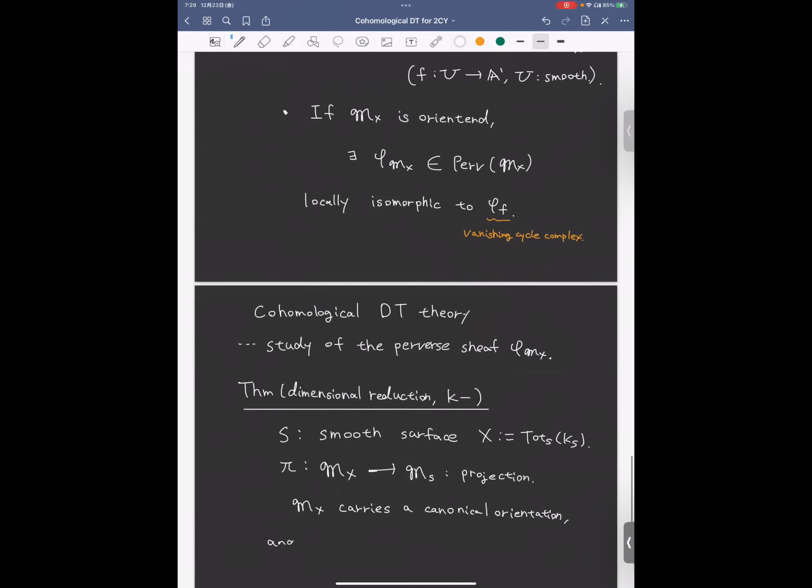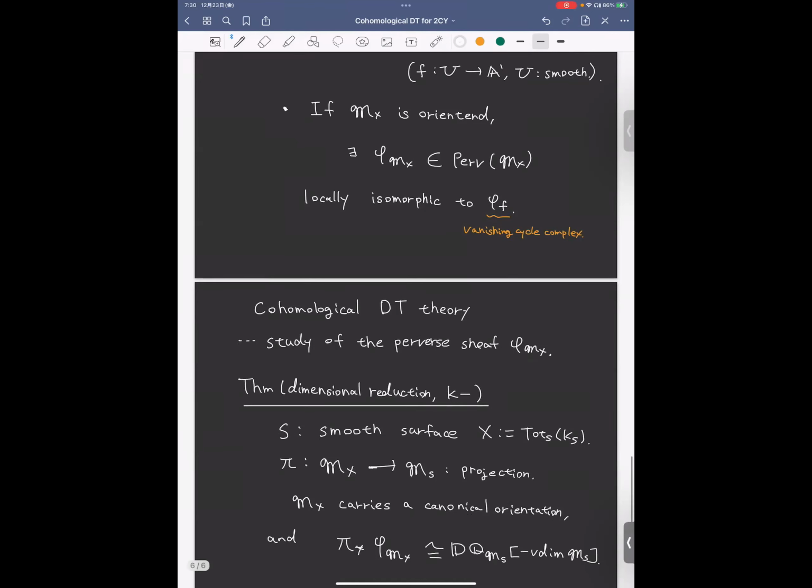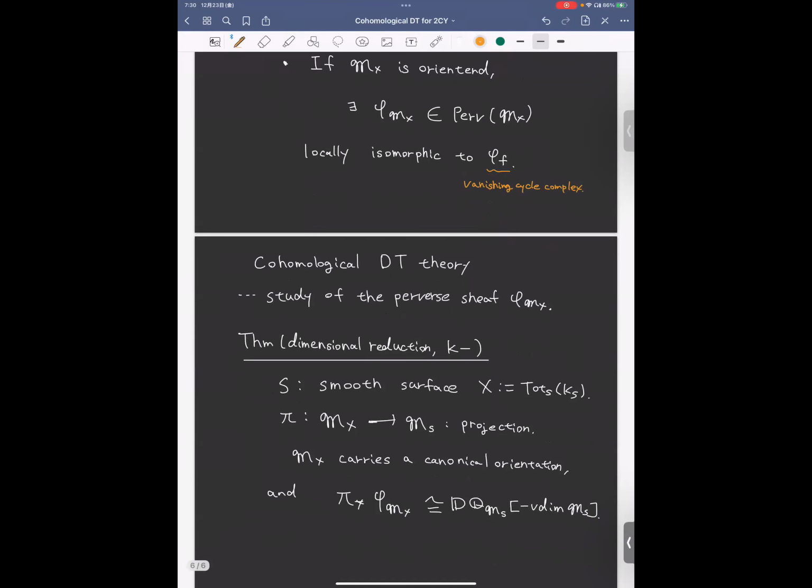So we can define the above perverse sheaf in this setting. And we can show that the pushforward of Joyce's perverse sheaf to M_S is isomorphic to the dualizing complex of M_S shifted by minus the virtual dimension of M_S. Here, this is the dualizing complex.